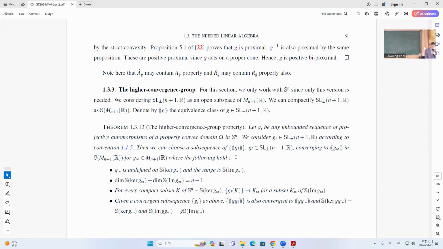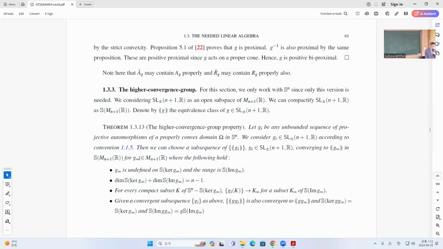Right, and then this will converge to some element. Given a sequence, we can always find a convergent subsequence, because this is actually a projective space, up to double cover. So this is a compact space, so you can always find a convergent subsequence in this.